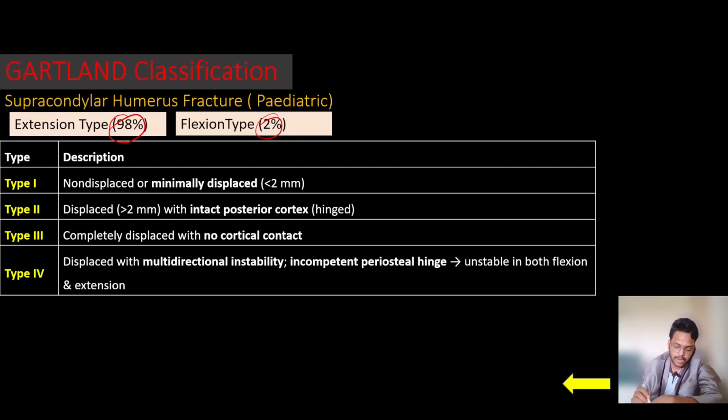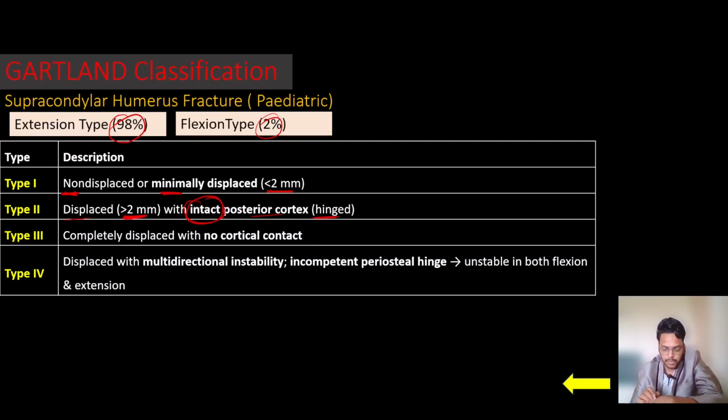First, the fracture is undisplaced or minimally displaced, less than 2 mm. Type 2 is if it is displaced more than 2 mm but it has an intact posterior cortex, that is, hinged to an intact posterior cortex.